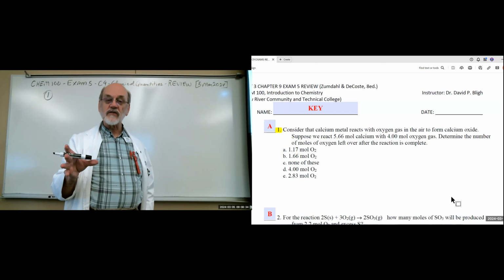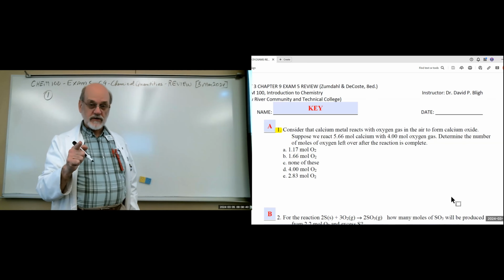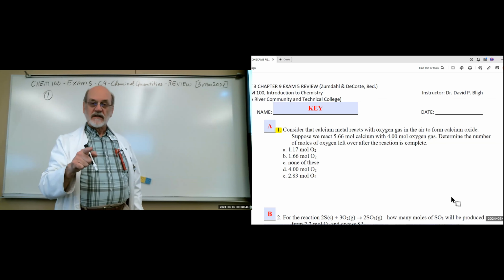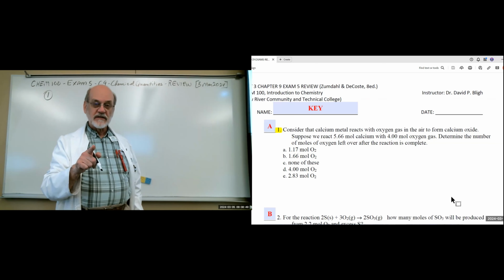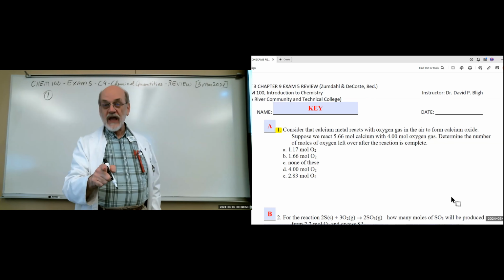Determine the number of moles of oxygen left over after the reaction is complete. In order to answer this question, you need a balanced equation. And this is a word problem that gives you the names of the compounds and the elements. And if you don't know how to write them, then you can't solve the problem.